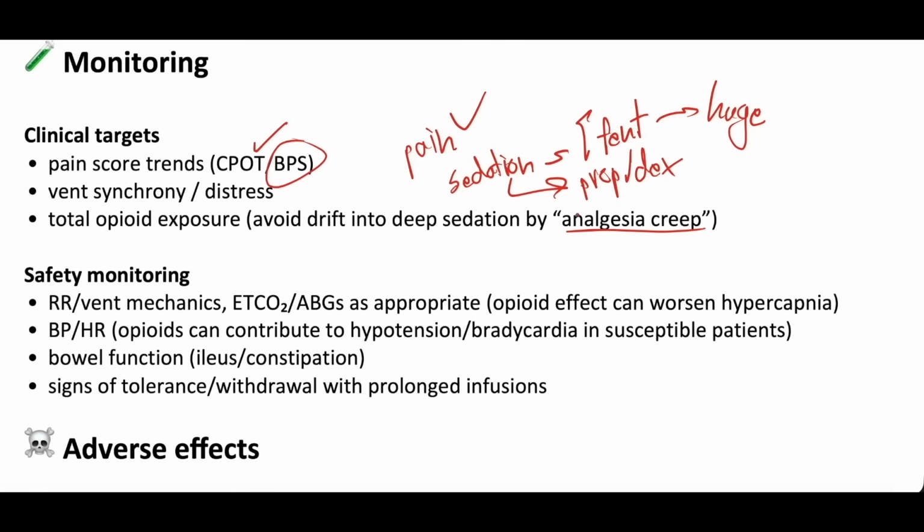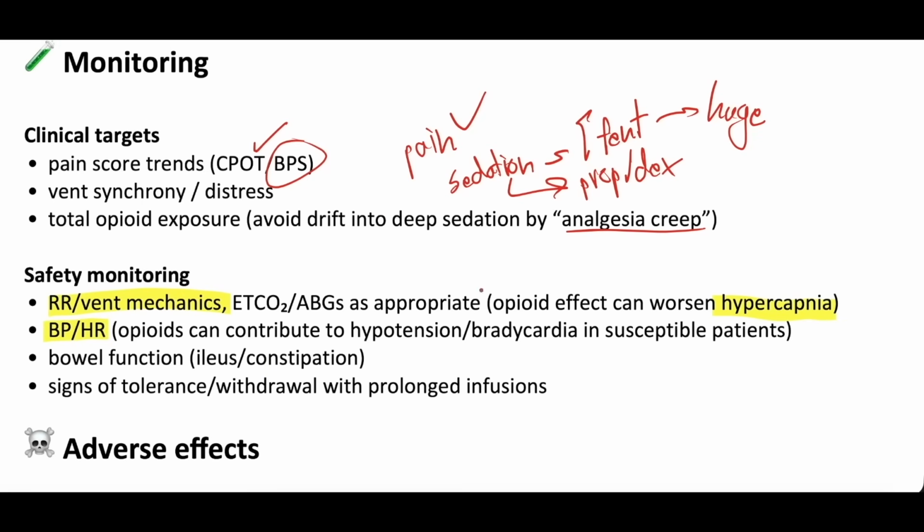Safety monitoring, again, if someone is on a mode of mechanical ventilation where they can control their own minute ventilation, we talked about pressure support and pressure control, you do have to think about if you're going to worsen your hypercapnia by causing some degree of respiratory depression with higher doses of fentanyl. Opiates can contribute to hypotension and bradycardia.